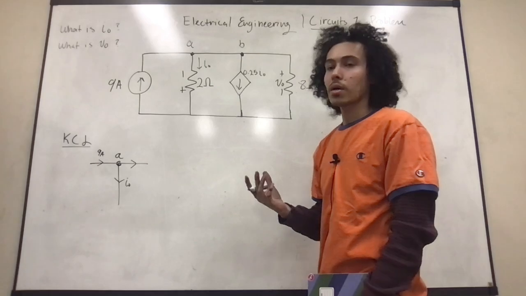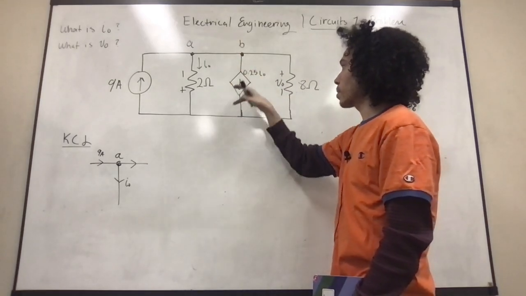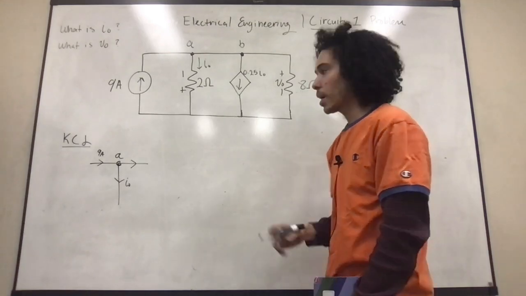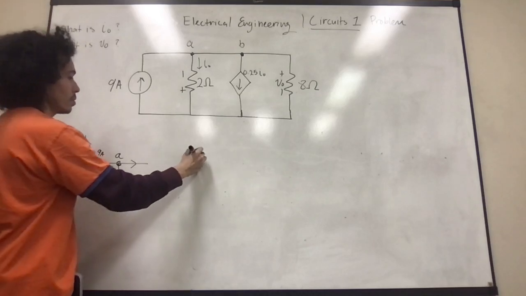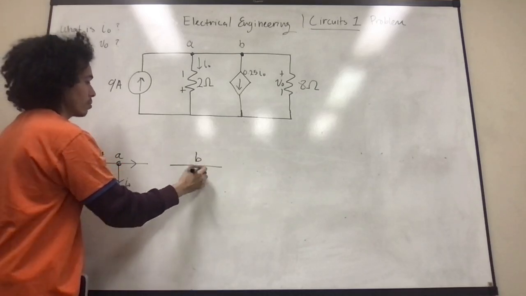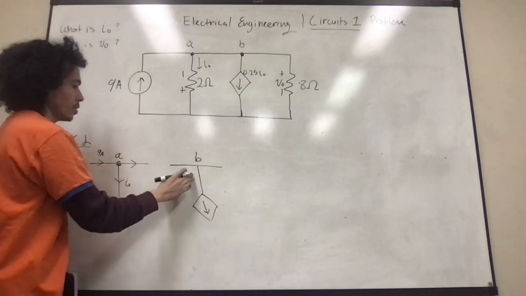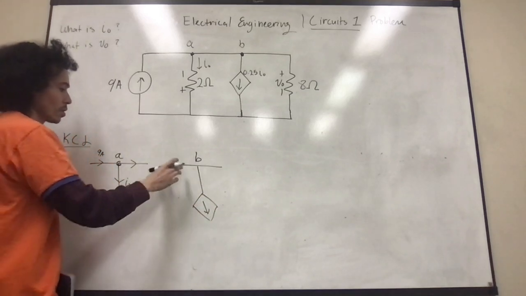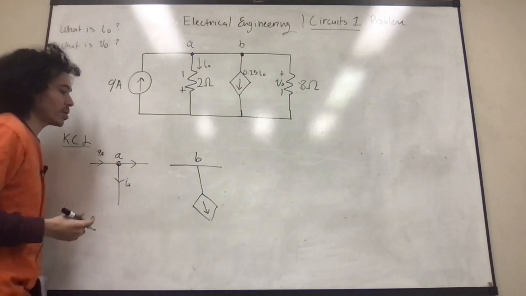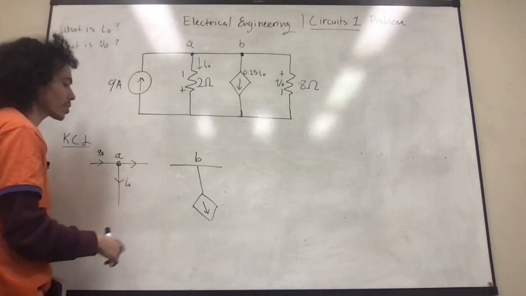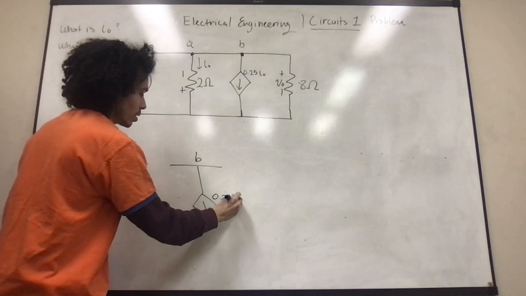The thing is that at this other node, node B, we have a voltage controlled current source. So let's do our other node. The way to imagine it is that this voltage controlled current source is going to do 0.25 IO.